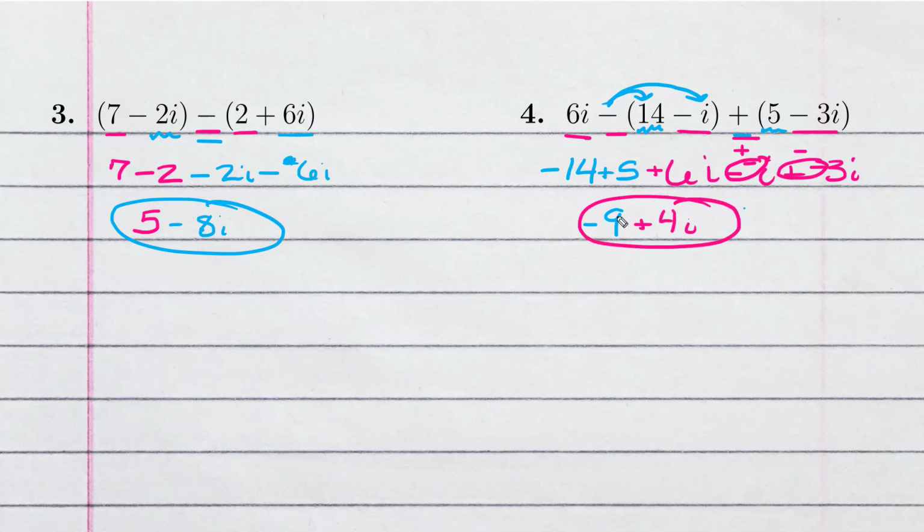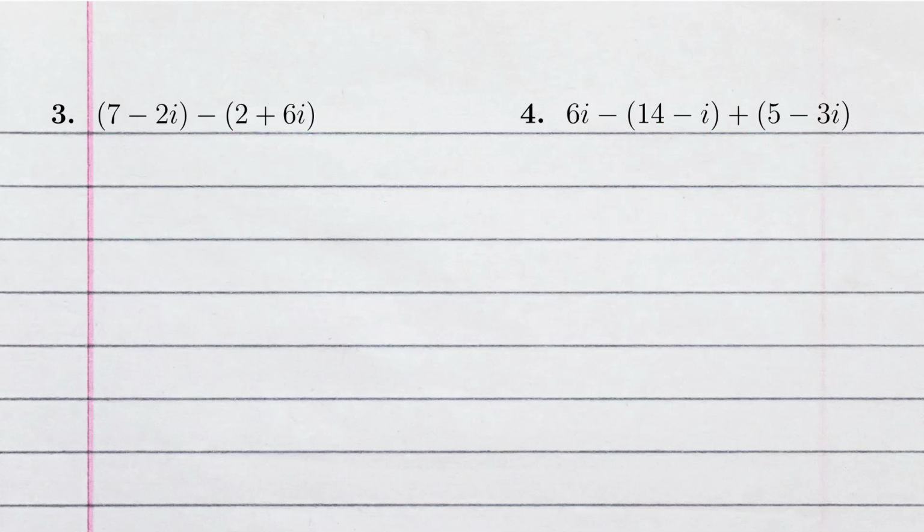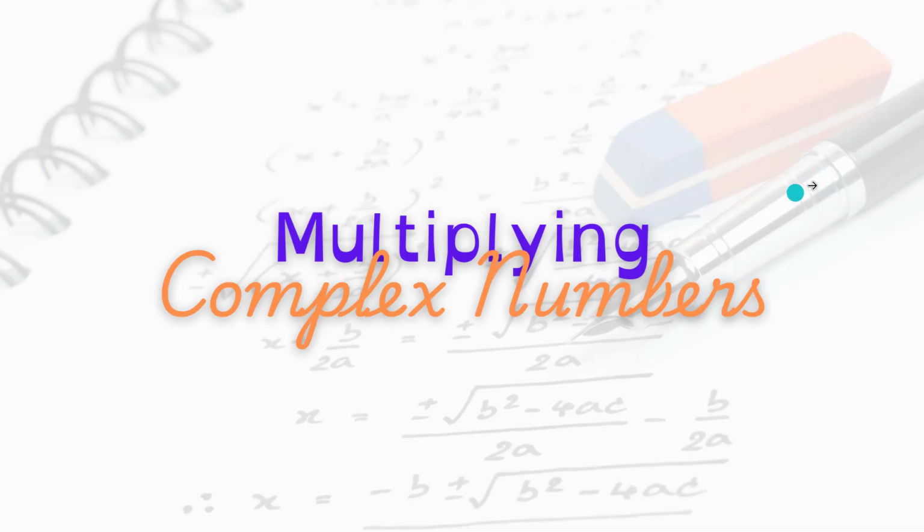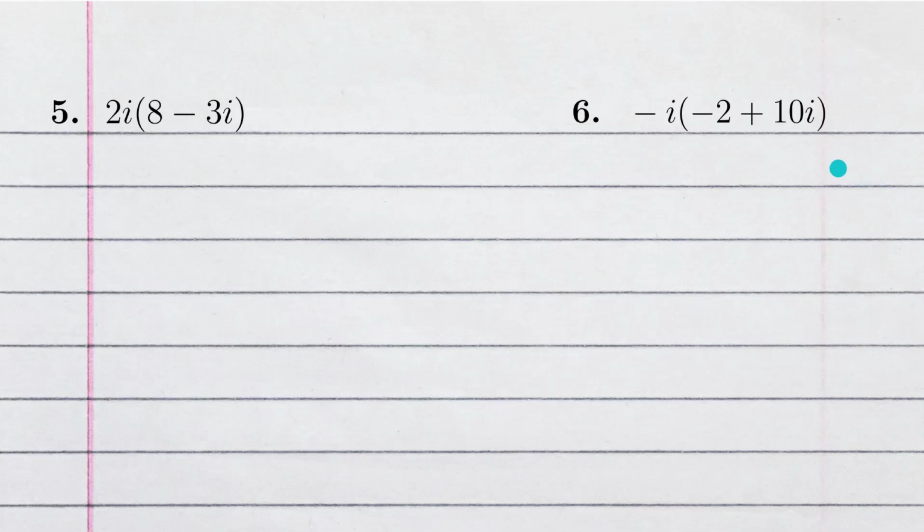So again, on the adding and subtracting, it just behaves like you would when you're working with combining like terms like you did back in 7th, 8th, 9th grades. Our second variable is the i, the imaginary part. When we're multiplying with complex numbers, it's going to again behave just like if this was a variable.